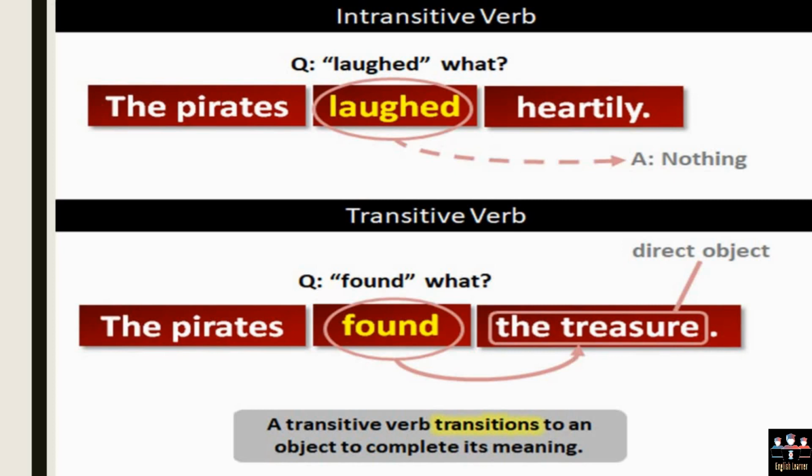So it is answering us about what. It means that it is a transitive verb. Found is the verb in this sentence and the treasure is the direct object, which is receiving the action directly. A transitive verb transitions to an object to complete its meaning.